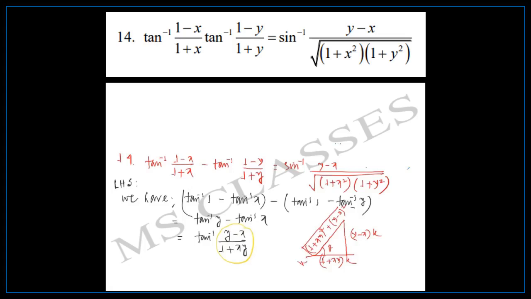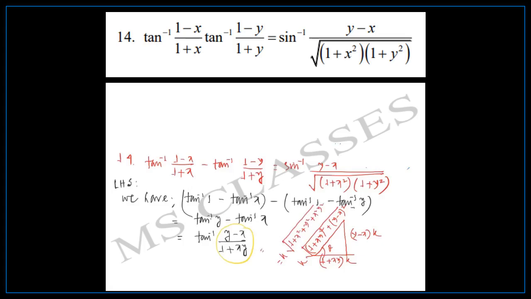Now, if we simplify this part, what should we get? 1 plus x square y square plus 2xy, plus x square plus y square minus 2xy. That's why the 2xy terms get cancelled. So ultimately we get k into under root of 1 plus x square plus y square plus x square y square.